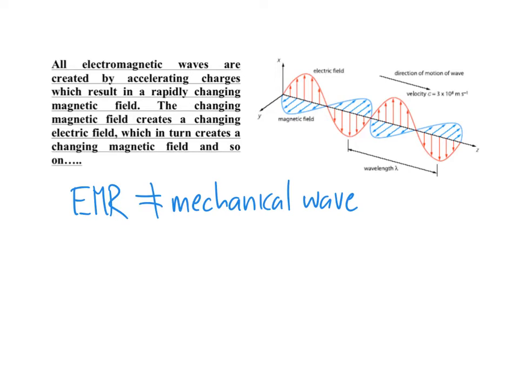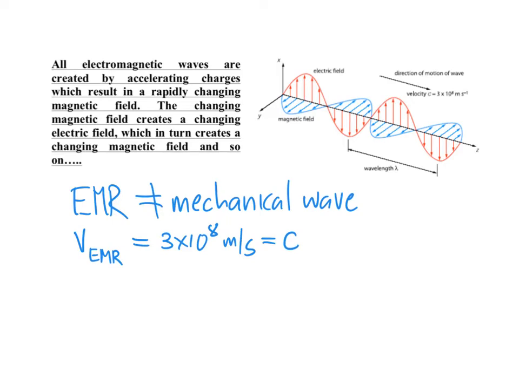There's also another very important characteristic of electromagnetic radiation, and that is that the velocity of electromagnetic radiation is equal to 3 times 10 to the 8 meters per second, which is commonly known as the speed of light.